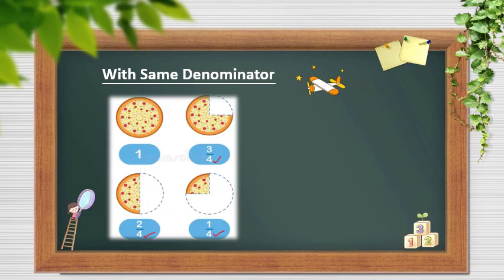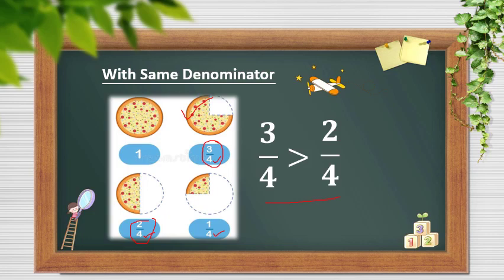Now quickly tell me, if I compare fraction 3/4 and 2/4, which one is bigger? Which one is showing more pizza? Excellent, 3/4. So 3/4 is greater than 2/4.